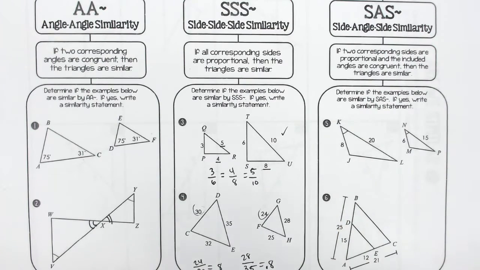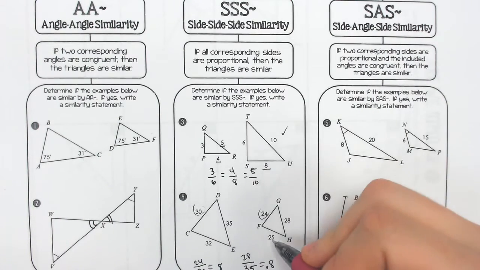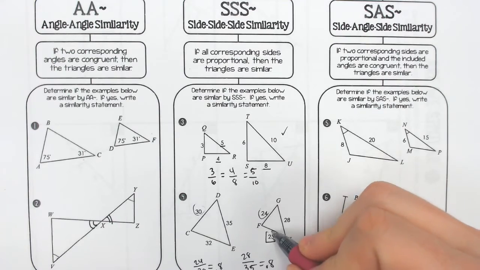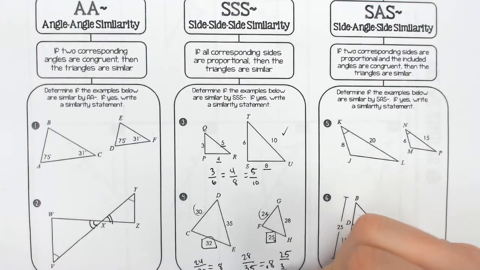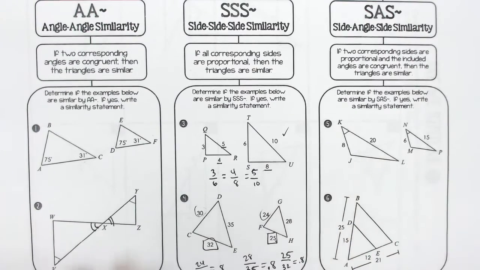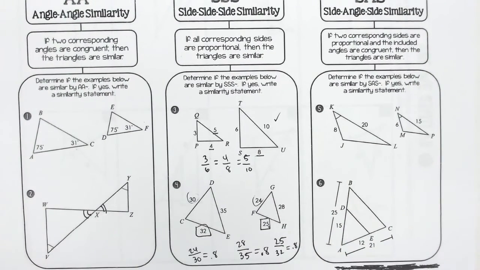And when I divide it, lo and behold, it's 0.8. And then when I divide 25, the last one, by 32, it had also better equal 0.8. And if it doesn't, then they are not considered similar triangles. This time it does. All of them are 0.8, and it's a similar triangle.